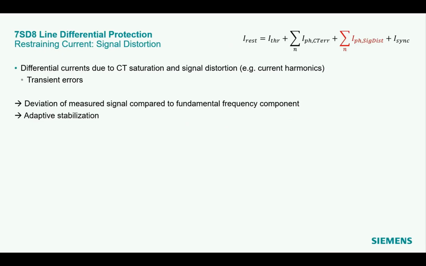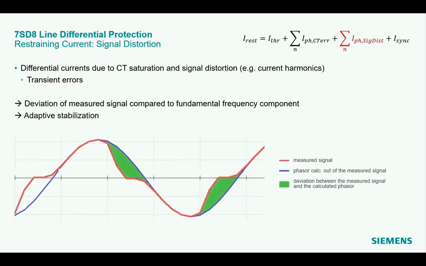The second restraining current component is for signal distortions. Signal distortions could occur due to CT saturation, but also for higher current harmonics, for example, for inrush currents. The below figure shows the measured secondary current signal with a significant CT saturation. Due to the saturation, the fundamental current component will be smaller and the differential current will be present.